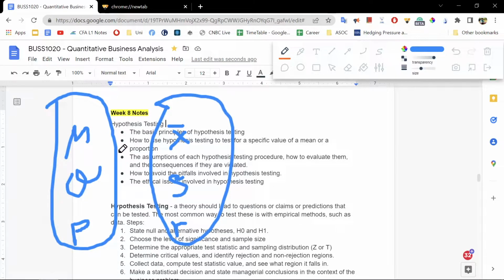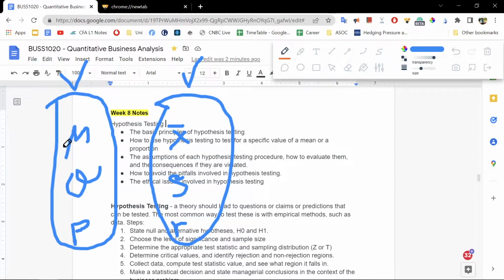is that Greek alphabets, mu, sigma, lowercase sigma, and rho, are used to describe characteristics of the population. Whereas Latin symbols, X bar, S, and R, are used to describe proportions and characteristics of the sample.